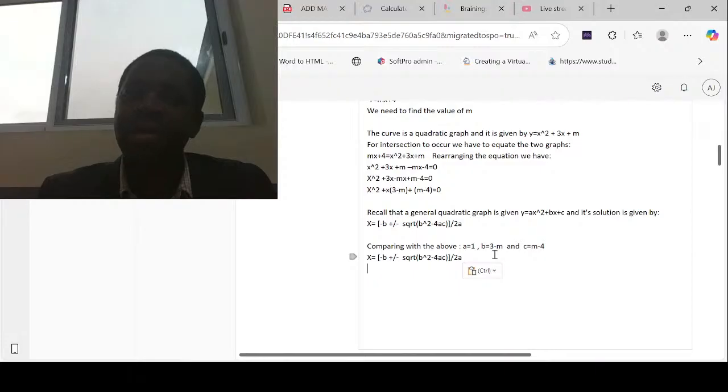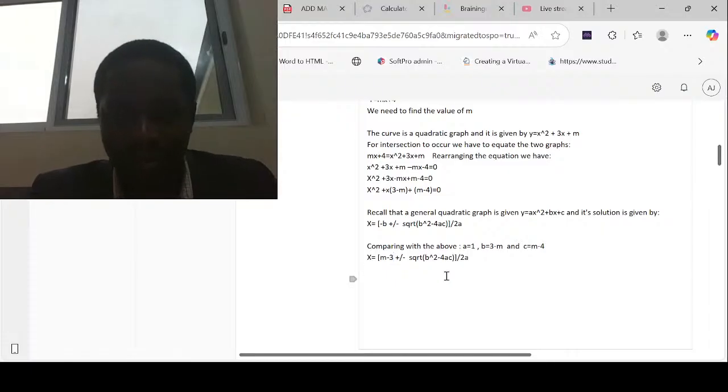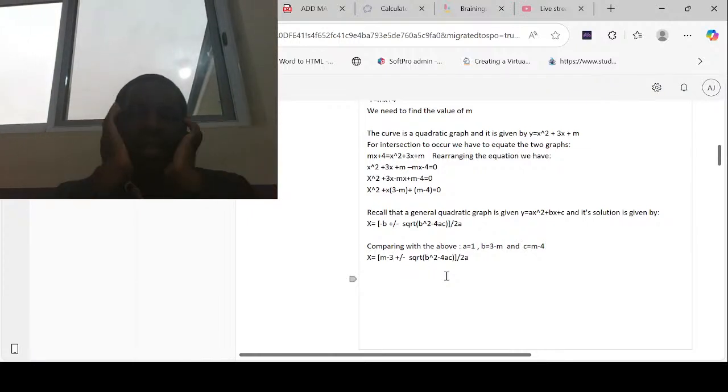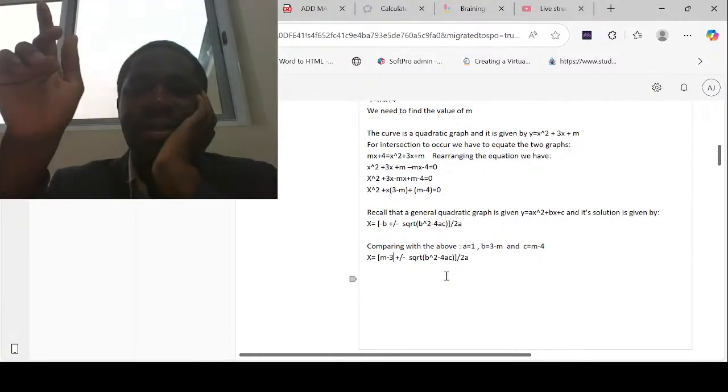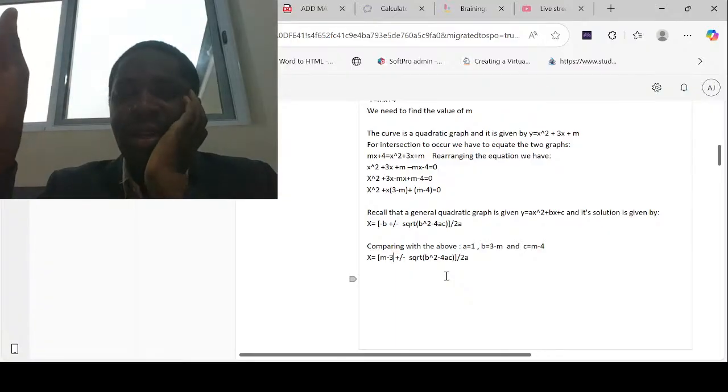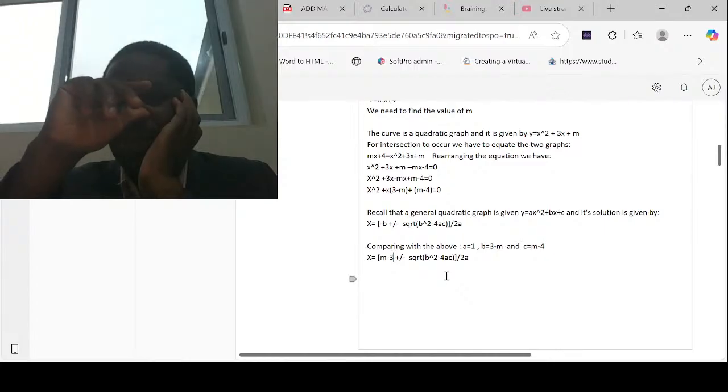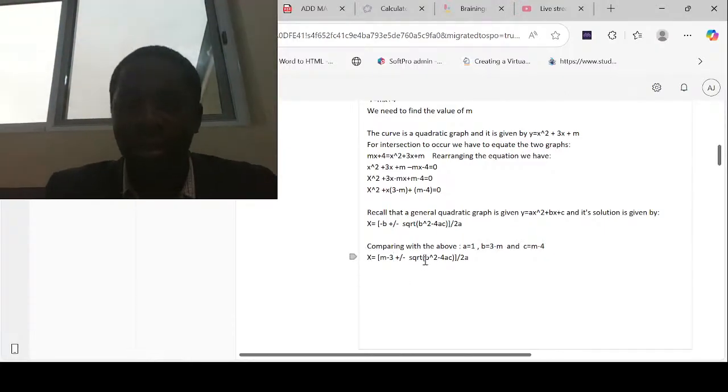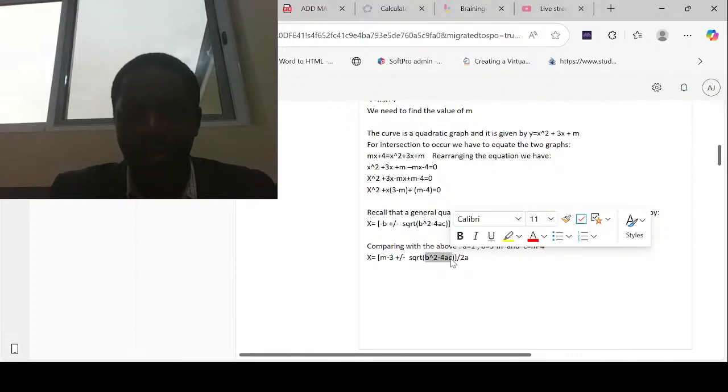So minus into the bracket 3 minus m will become m minus 3. So this will be m minus 3, minus 3, plus or minus the square root of, now what is inside is going to become (3 minus m) all squared minus 4 times 1 times (m minus 4). Let's see what the whole of this will be.